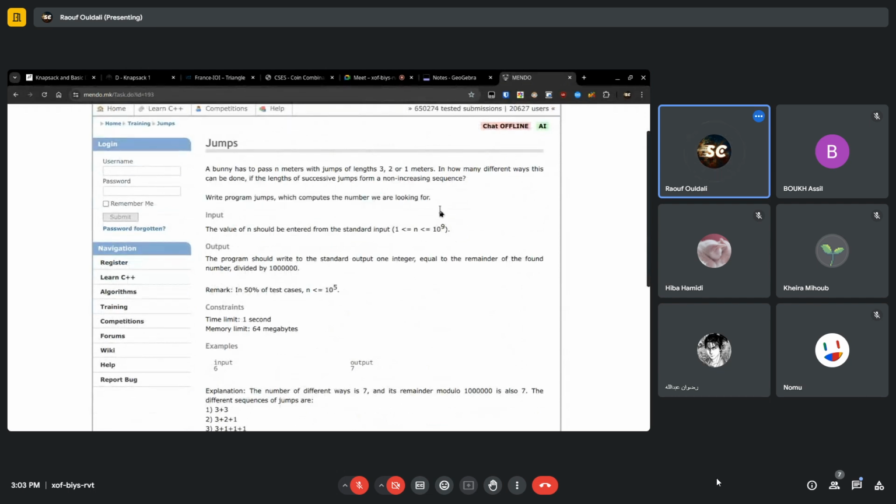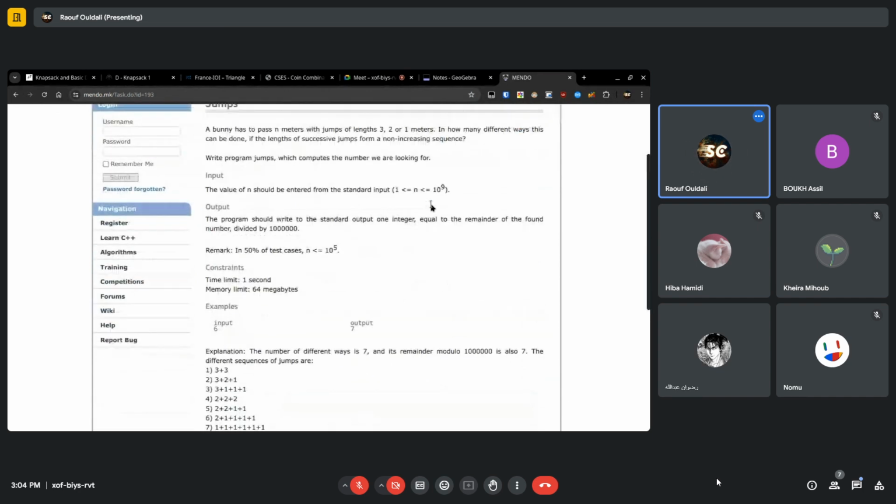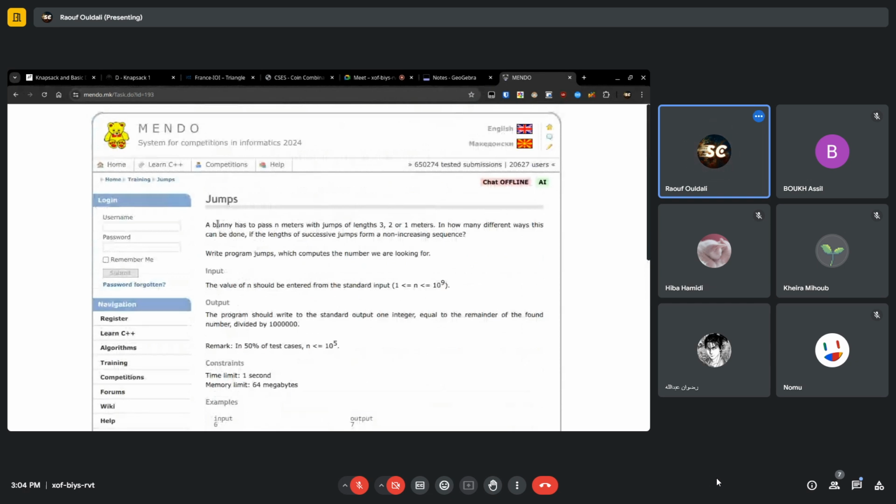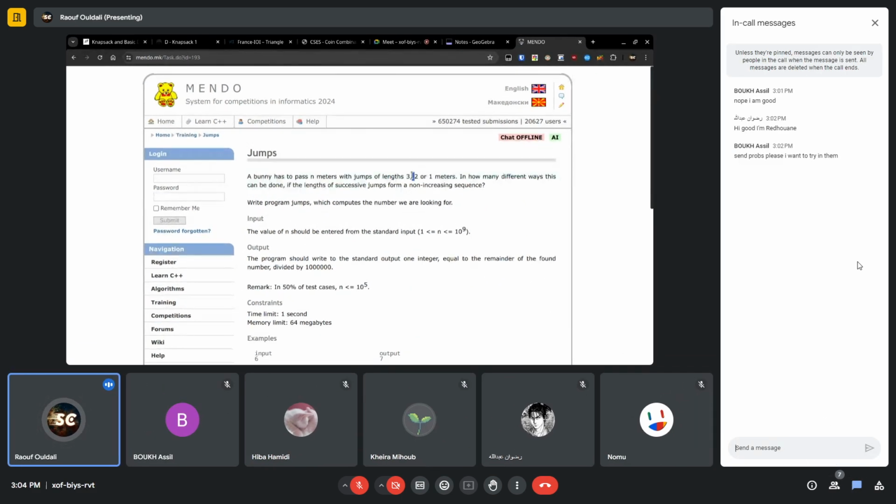Okay. So we have a problem that can be solved by dynamic programming in O of n, but has a mathematical sequence that has a closed formula, so we can solve it in O of 1. Here a bunny has to pass n meters with jumps of length 3, 2, or 1 meters.